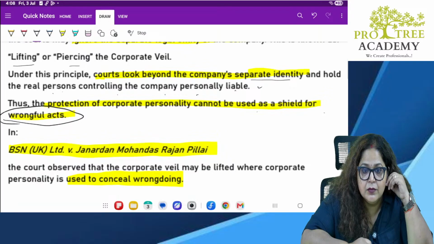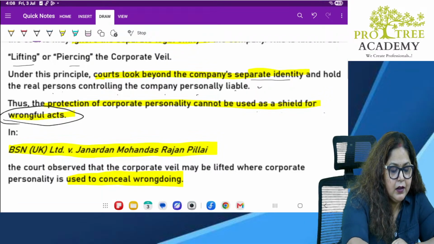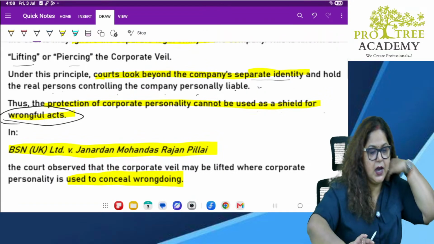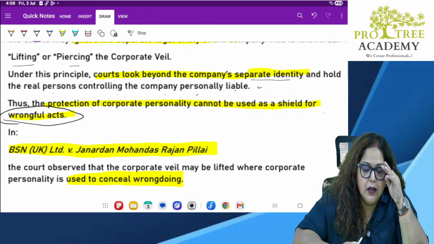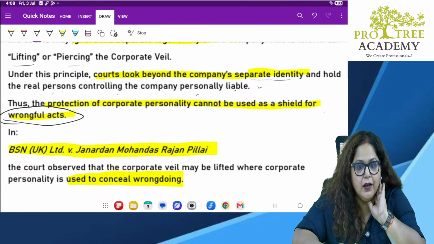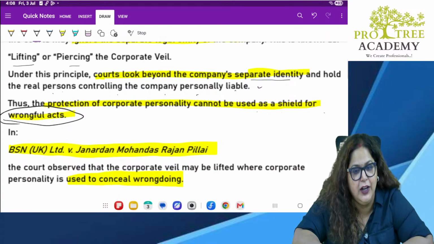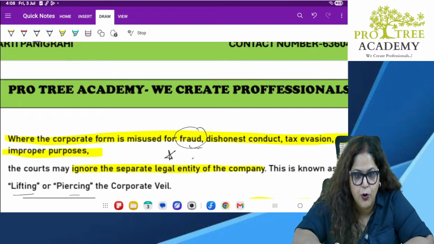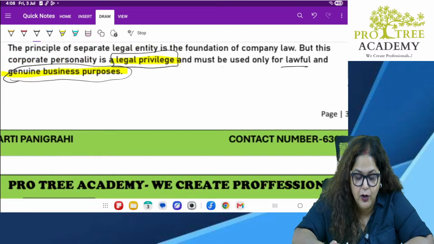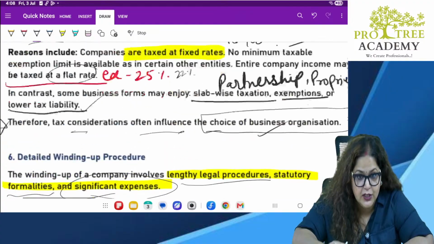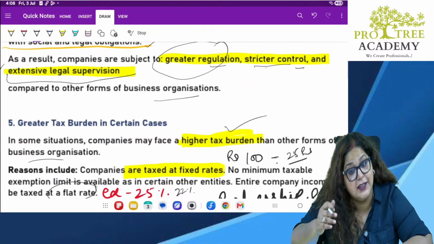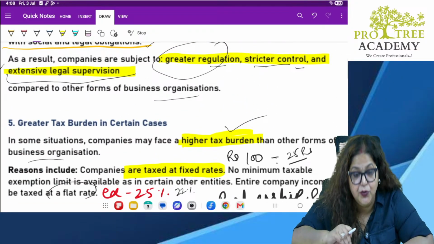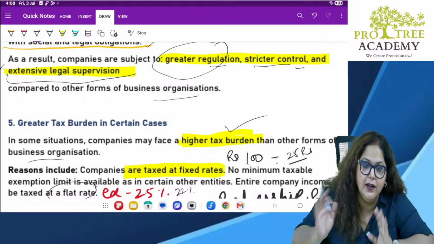After the Salomon case only. We had seen the Salomon case; there you had not seen the judgment. So the court had established this feature that Salomon is separate and the company is separate.